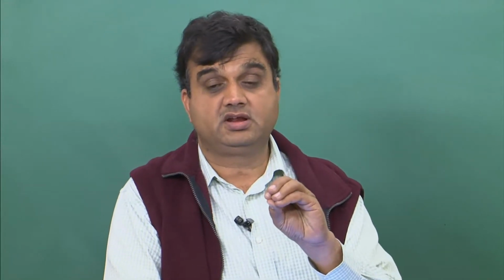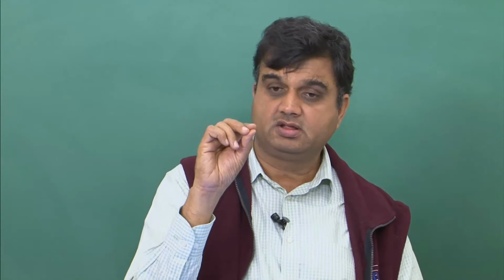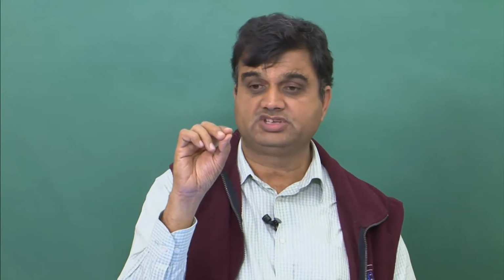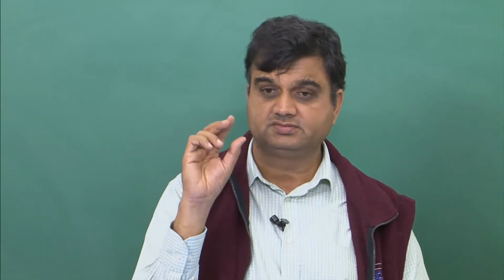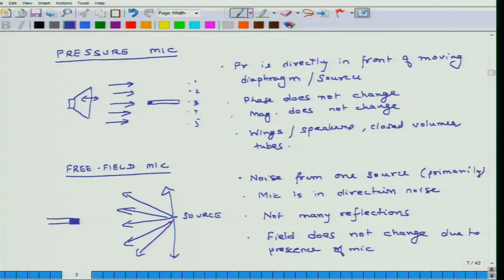If the pressure field changes, then our intent of making the measurement is destroyed, because we are not measuring the actual pressure which would have been there in absence of this instrument. So my microphone's size should be significantly smaller than the wavelength of the sound which I am interested in measuring. That is the implication: the field should not change due to the presence of the microphone.